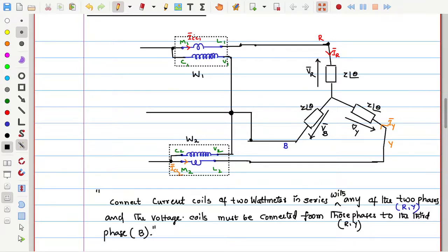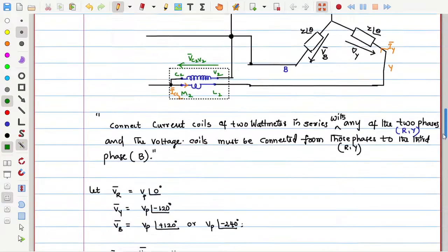W1 reading is the voltage across C1 V1 into ICC1 into cos of the angle between these. In the same way, W2 reading will be the voltage across C2 V2, and the current through the current coil ICC2, into cos of the angle between this voltage and this current.